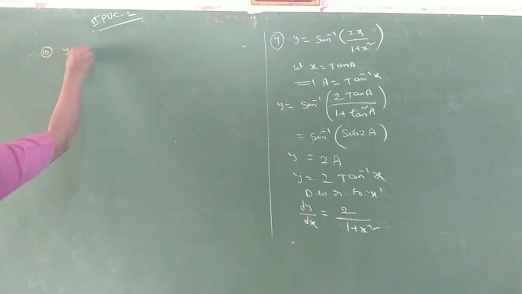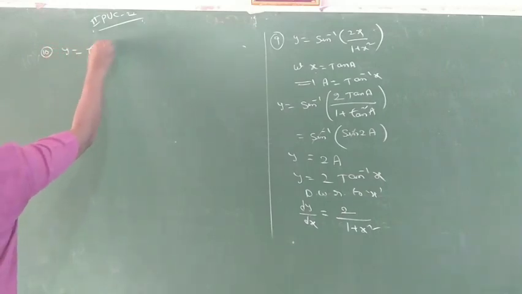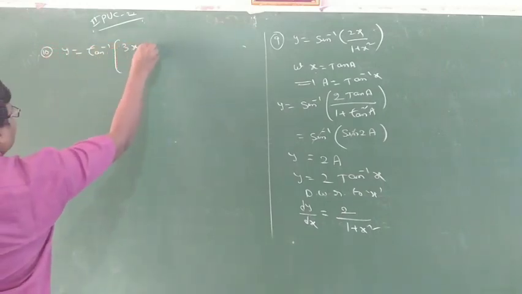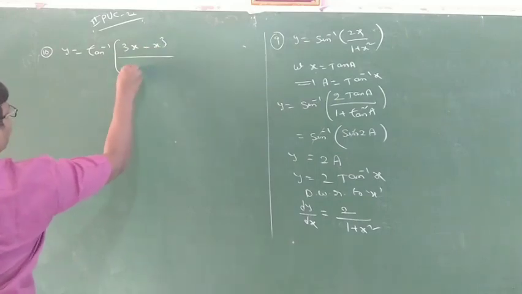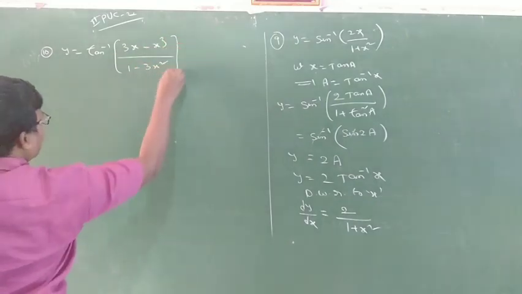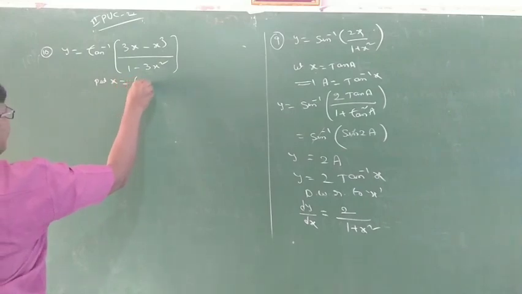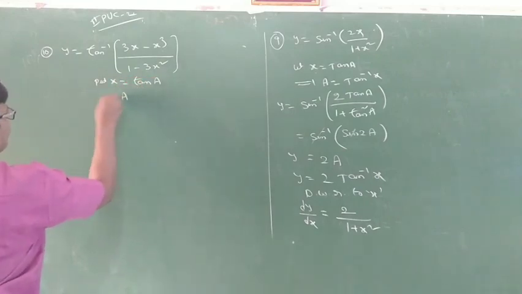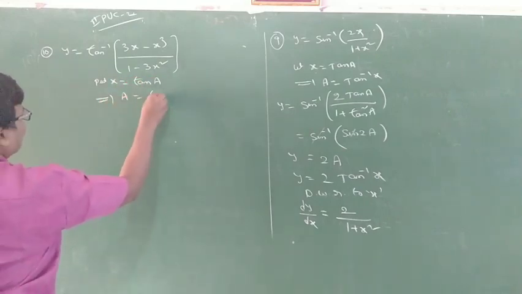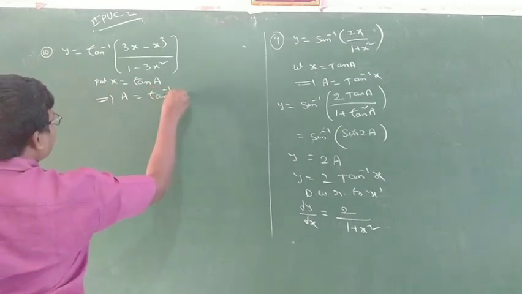Next, the 10th one. y is equal to tan inverse of 3x minus x cube by 1 minus 3x square. This is the tan 3a formula. Put x is equal to tan a, that implies a is equal to tan inverse x.